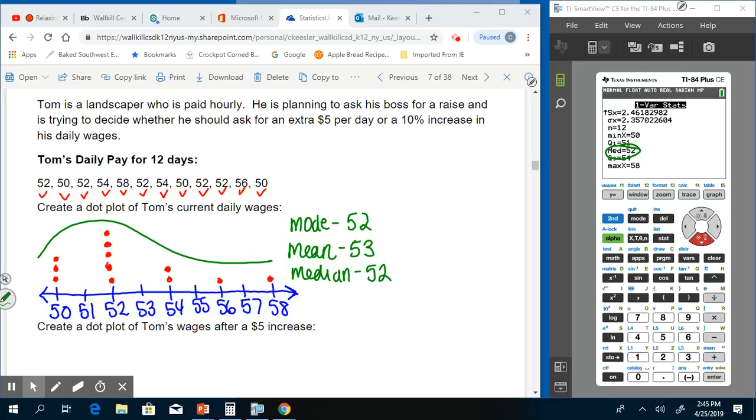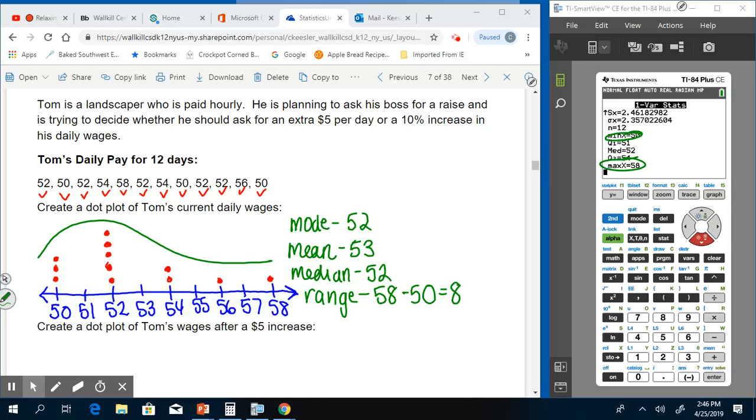So you can tell that the mean is moved up by 1 point as a result of it being positively skewed. So the median is the better representative. And then our range, which is the highest number minus the lowest number, so that would be 58 minus 50, gives us a range of 8.